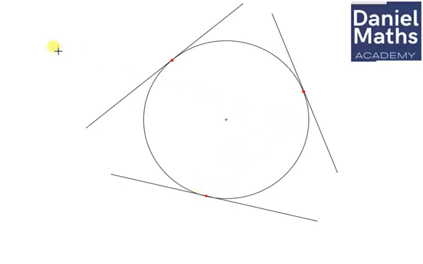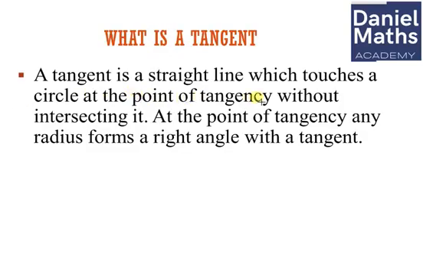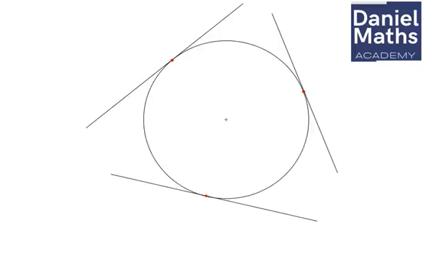Now we are told that any line that is drawn from that point of tangency forms a right angle triangle. So what we mean is that any line drawn from that point forms a right angle triangle.